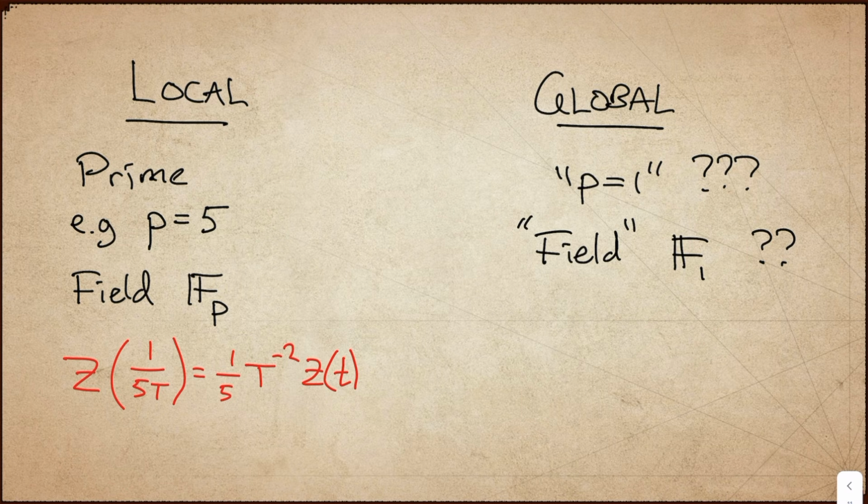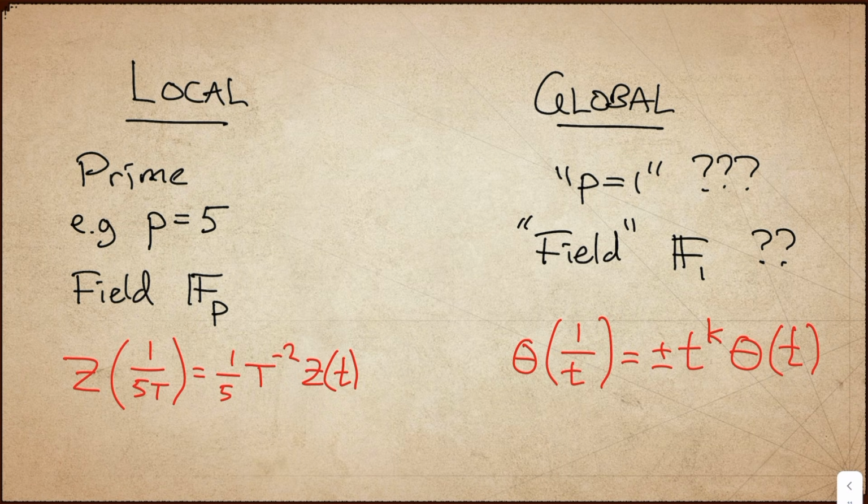In the global case, there is also a functional equation, and if we use the theta function from the previous episode, the functional equation was theta of 1 over t equals plus or minus some power of t times the original theta of t. And if you look at these two functional equations, they are precisely of the same form, provided only we could exchange the number 5 for the number 1.